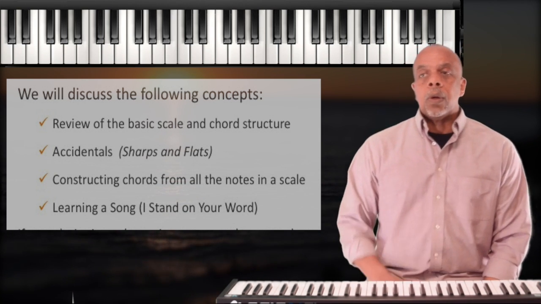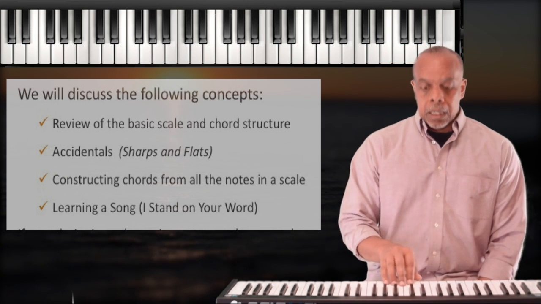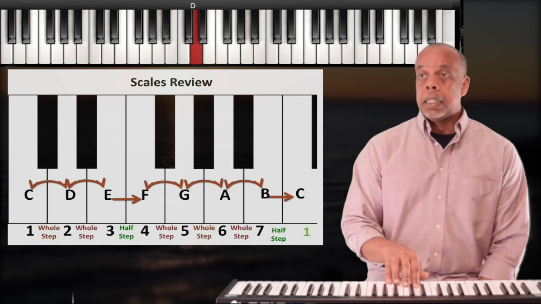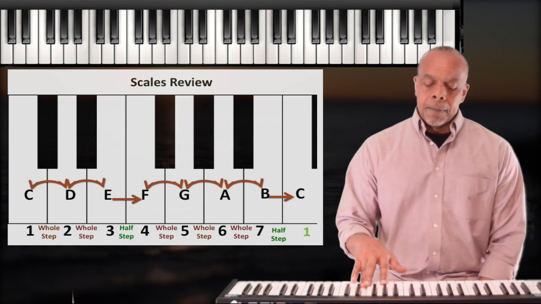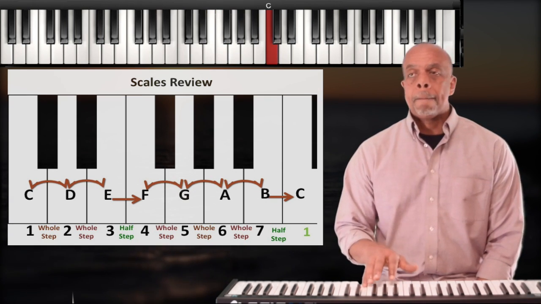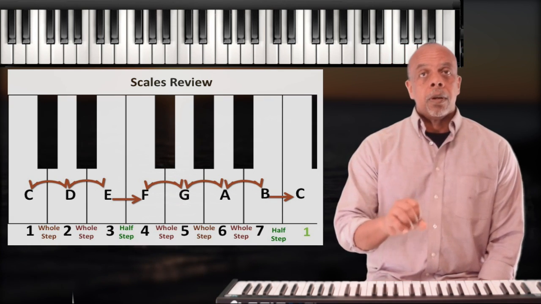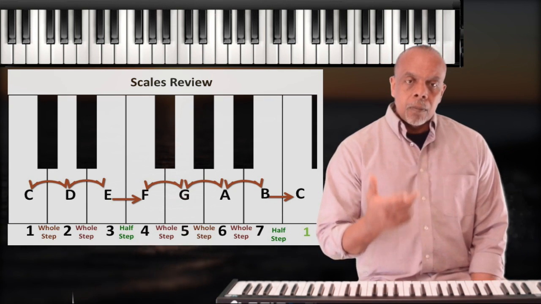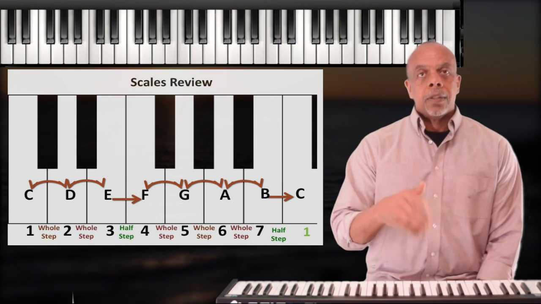So, quick review. When we look at the scale, we go back to the key of C. C, D, E, F, G, A, B, C. You remember that? Now, how was that scale built? If you remember from lesson 1, we talked about half steps and whole steps, semitones.